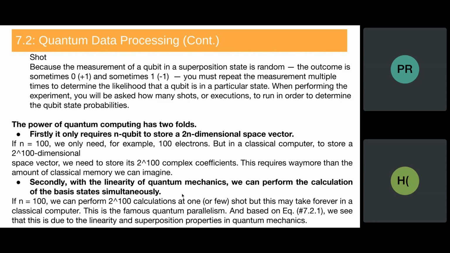So we save a lot in terms of memory. Obviously, the other part of it is the calculation part, because you are doing n calculations in one shot or a few shots that may take ages in some other classical way.